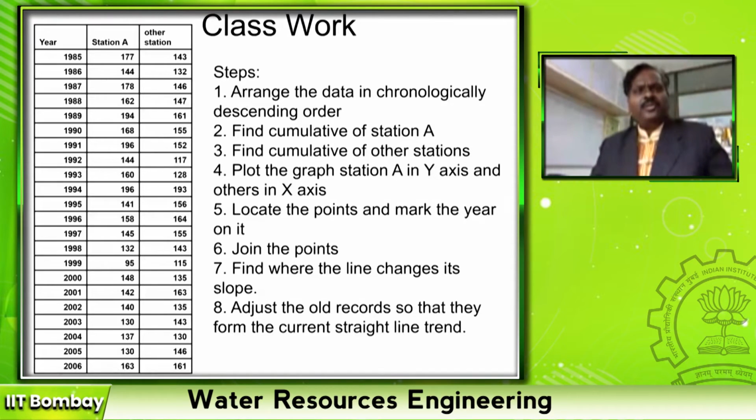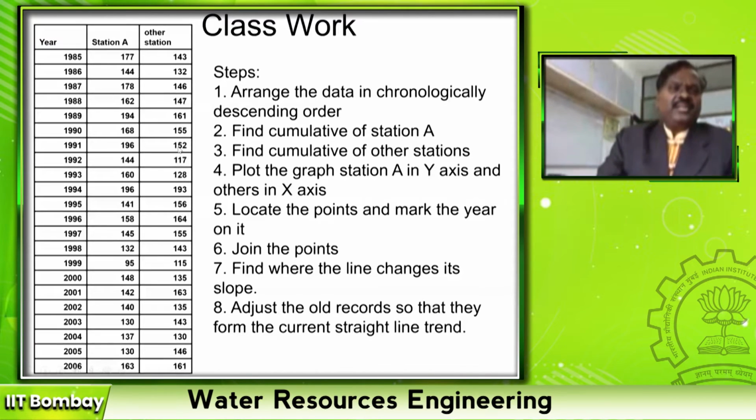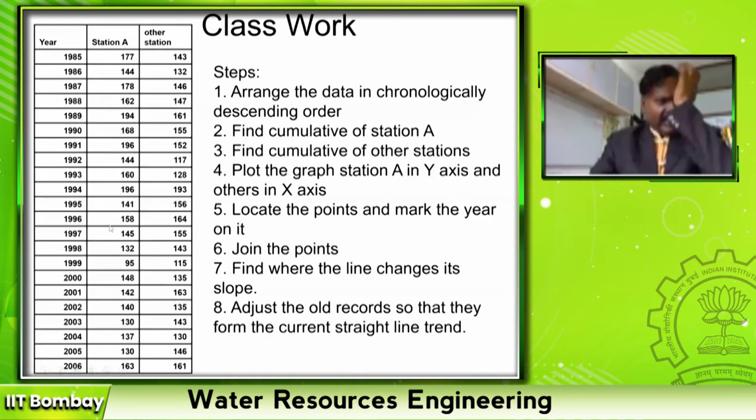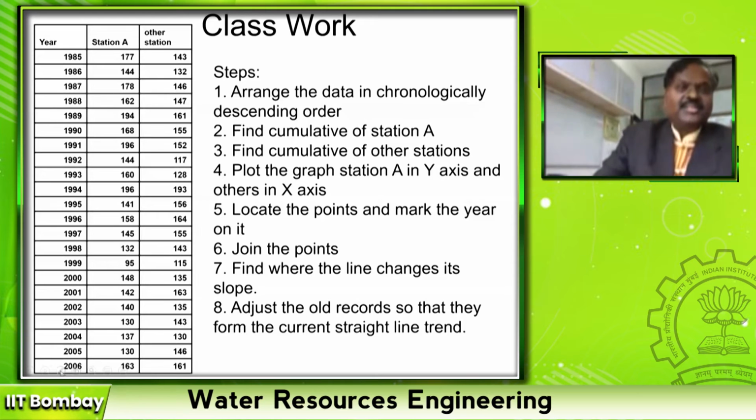First you have to arrange the data in chronologically descending order. Let us say this is data from 1985 to 2006. This is the station A annual rainfall. This is the average of the other stations.